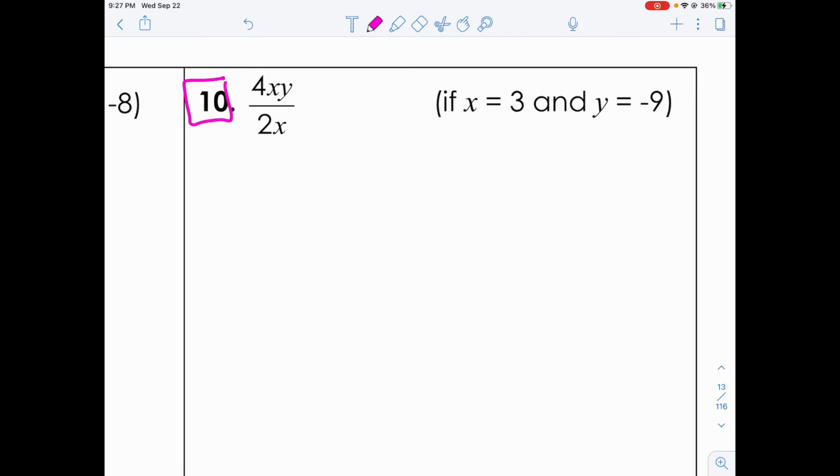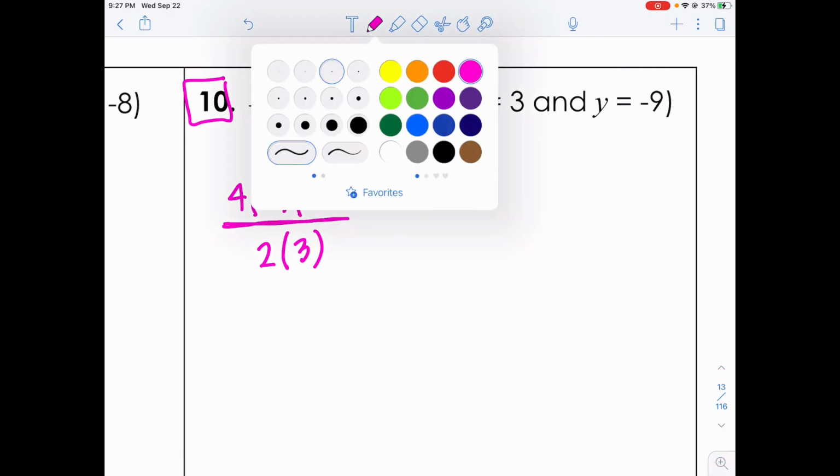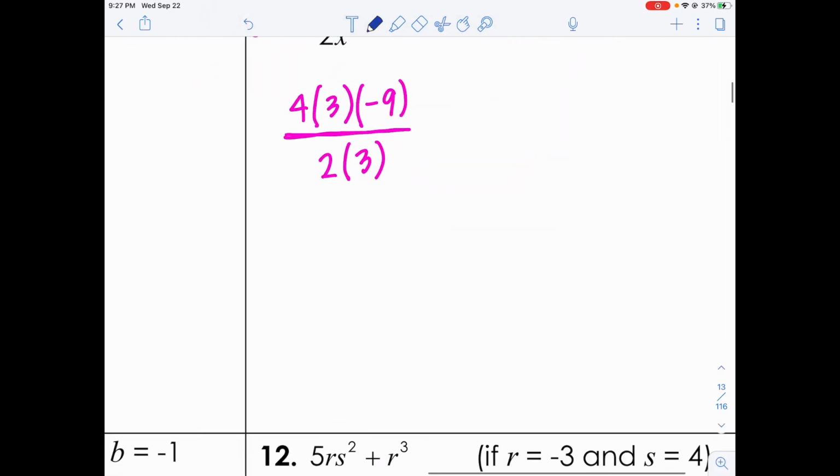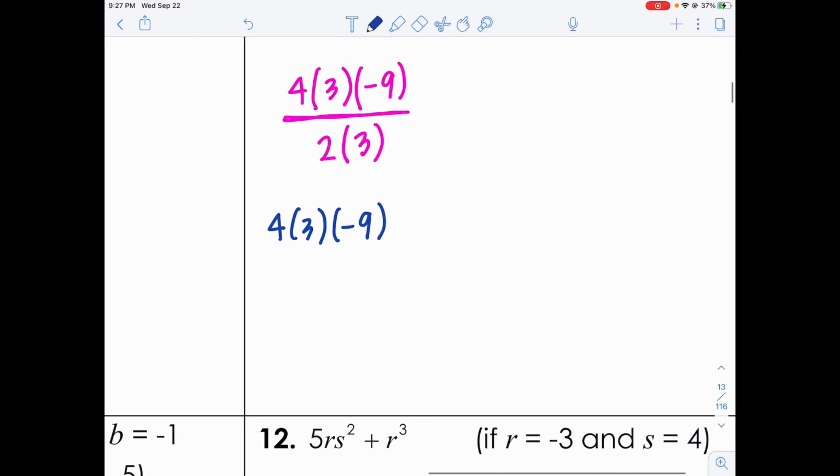So 4 times x, and x is 3, so I'm going to substitute in 3, times y, which is a negative 9. All of that is divided by 2 times x, which I'm substituting in 3 for. I'm going to split this off and do the top over here on the bottom, and then I will go back and I will do the bottom in a separate place as well.